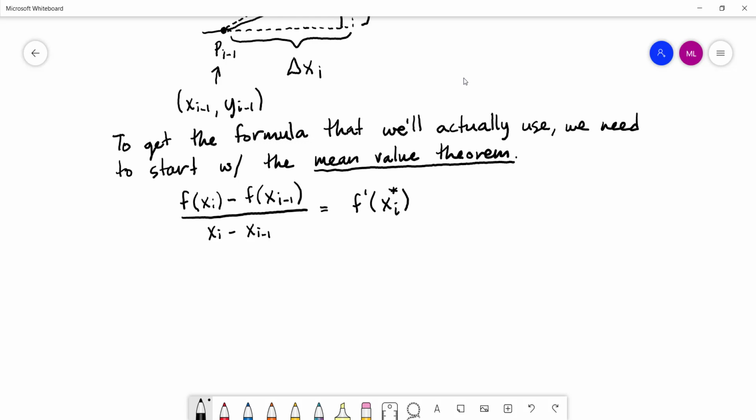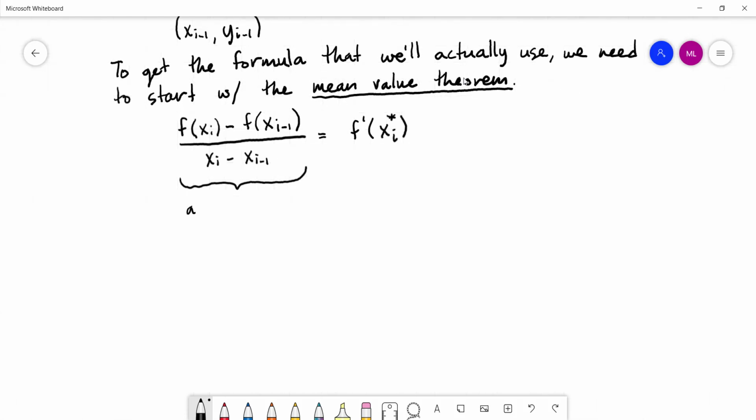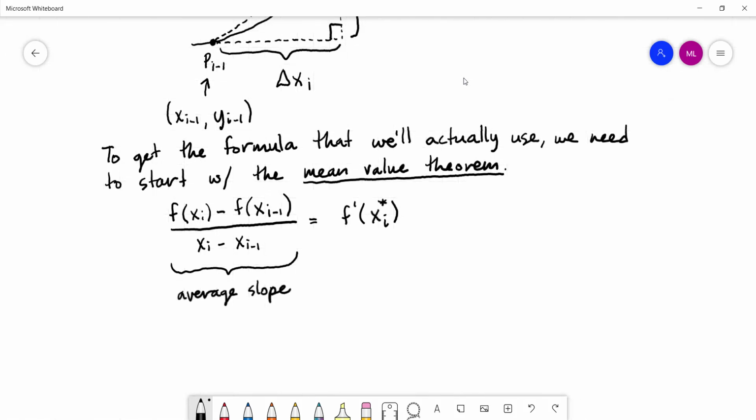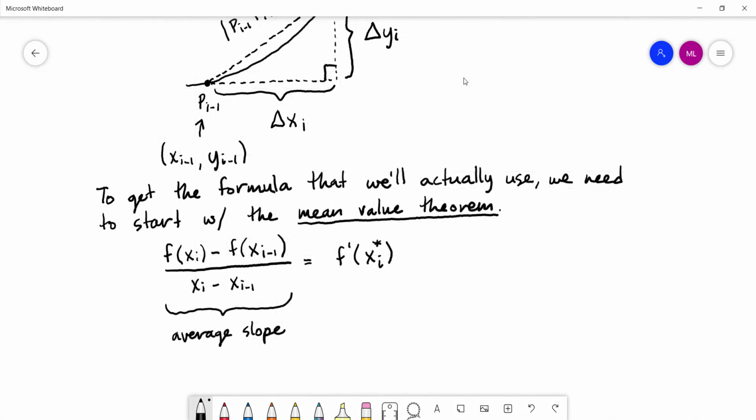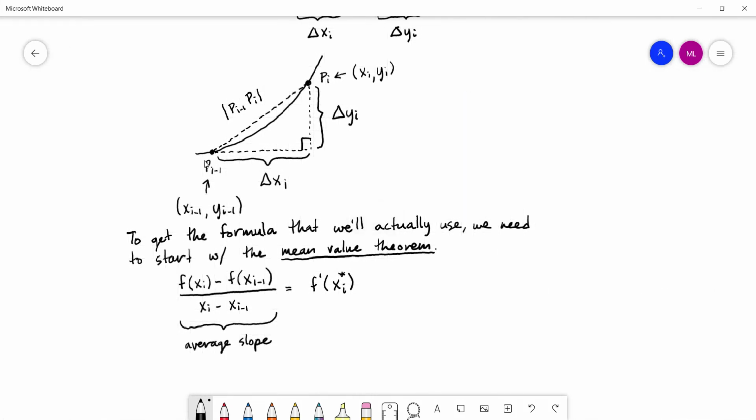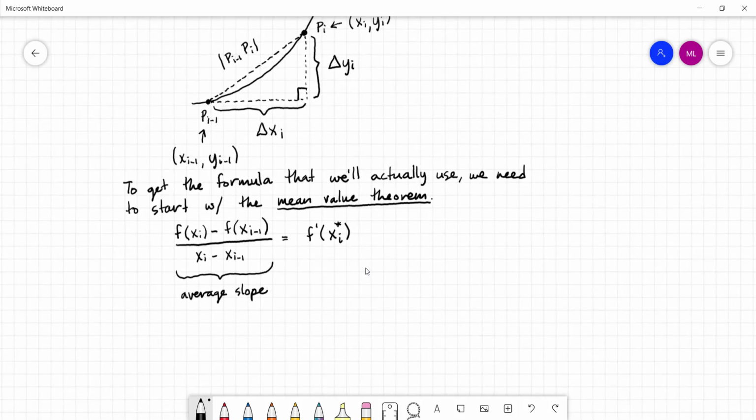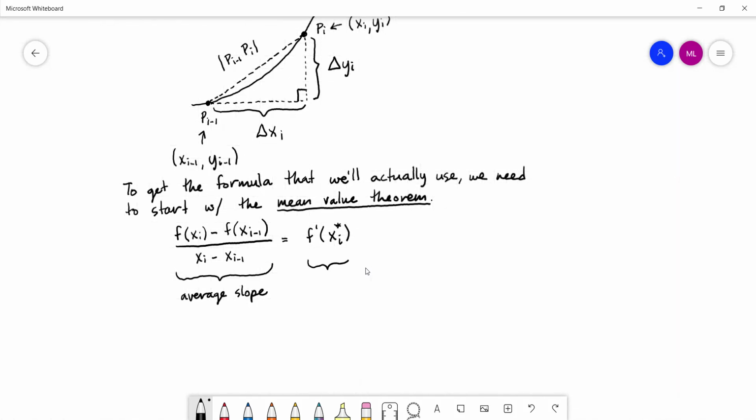So, okay, what we have on the left is basically the average slope. So this is the average slope on the interval between our point p sub i minus 1 and the point p sub i. And we said that that average slope is equal to the actual slope at some point on the interval.